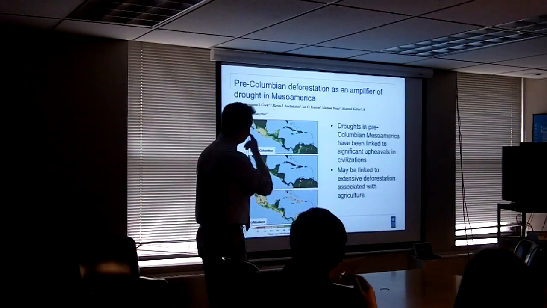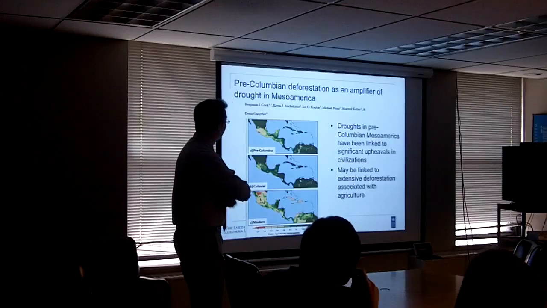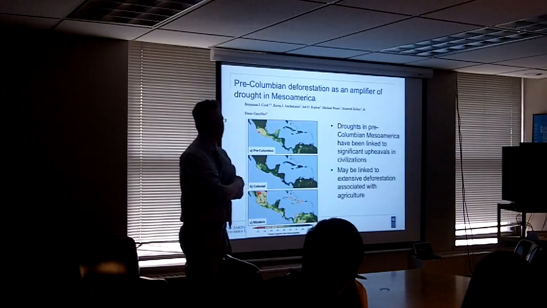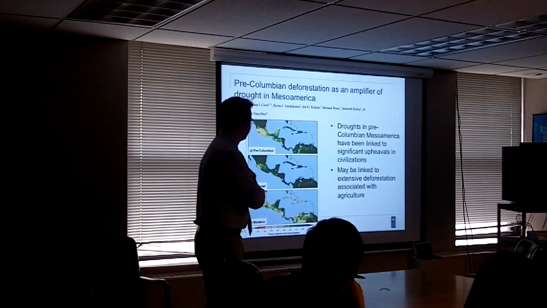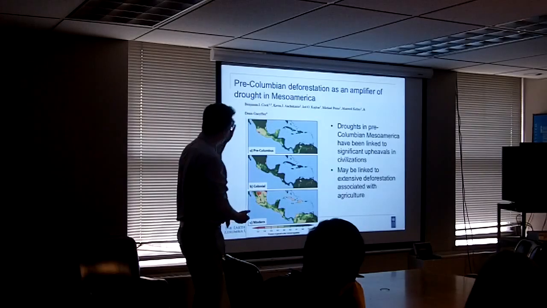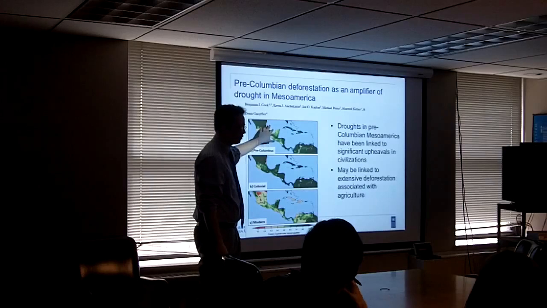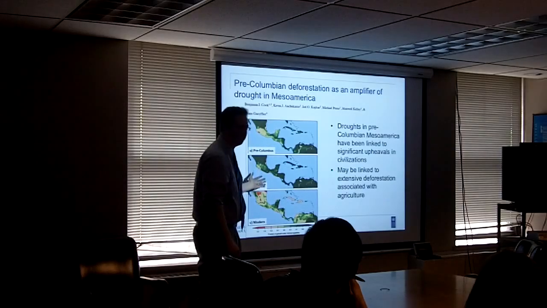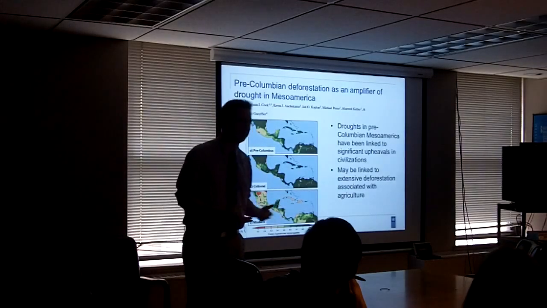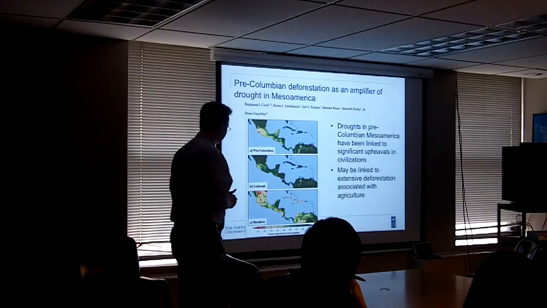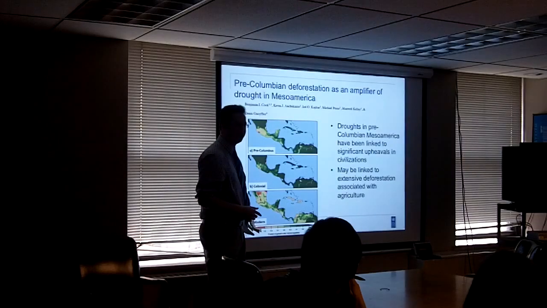Well, this is just a study that Ben's led, looking at deforestation as an amplifier of drought in Mesoamerica. Basically, you had your pre-Columbus vegetation, so lots of agriculture in the region. Post-Columbus, there were fewer people and less agriculture, and here's our modern land cover.